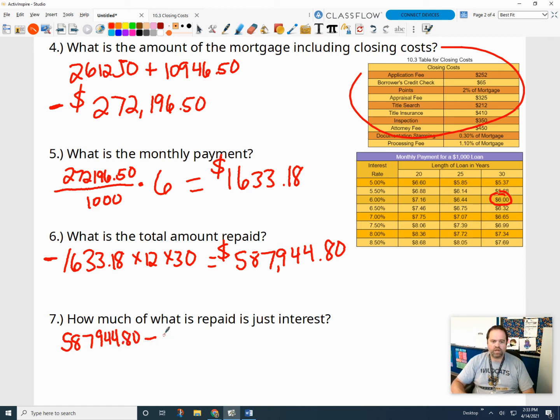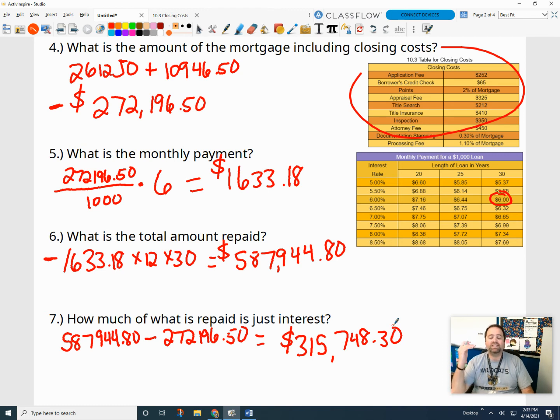I'm going to subtract 272,196.50. So he paid back, holy cow, $315,748.30 in interest.